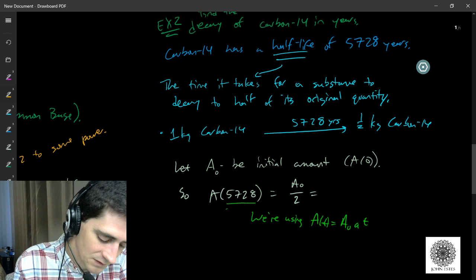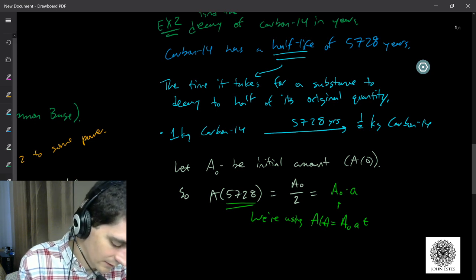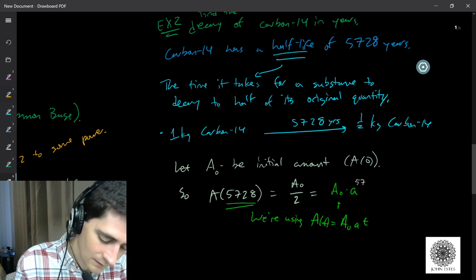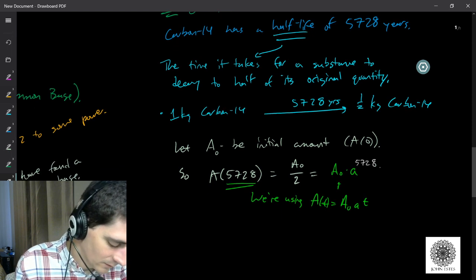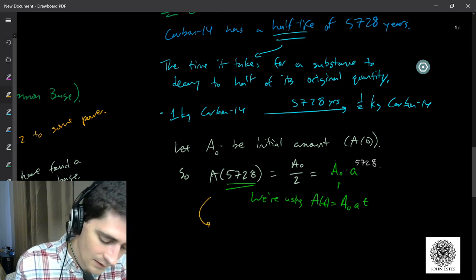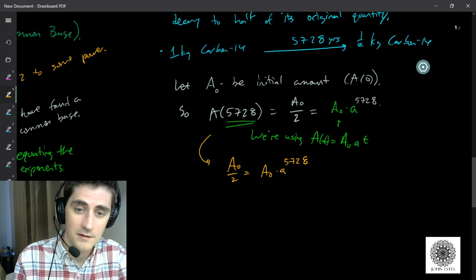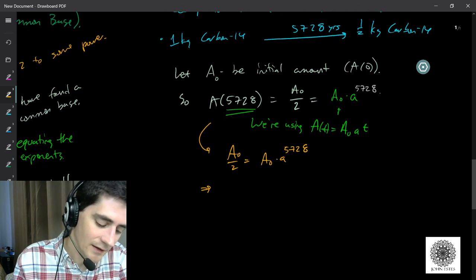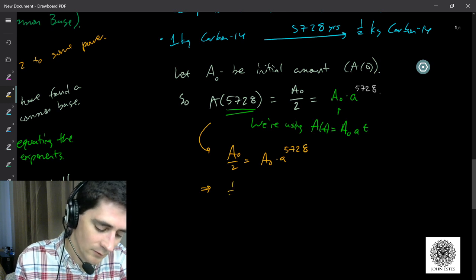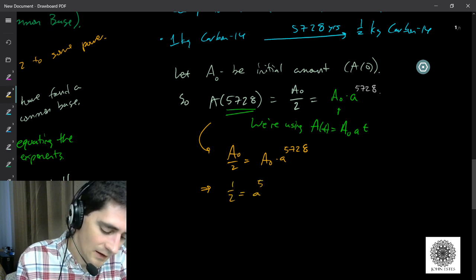So when I plug in t there, and I apply this model, I know that that's a sub 0, a to the t power, in this case, t is 5,728. So I end up with the equation then that a sub 0 over 2 is a sub 0 times a to the 5,728. Okay, now I can divide both sides by a sub 0 and end up with 1/2 equals a to this power.